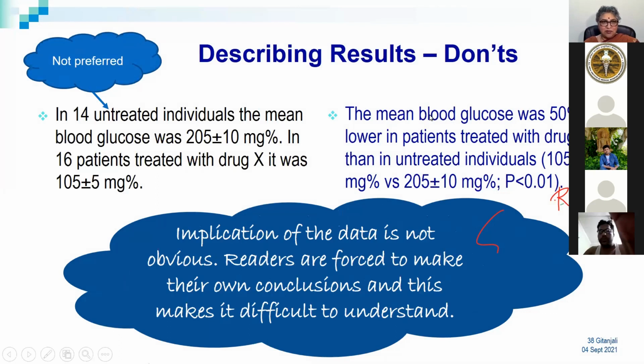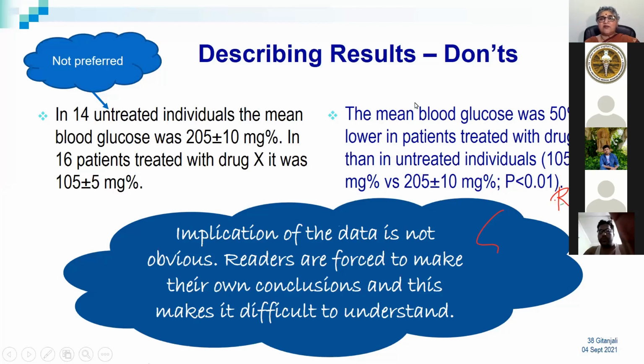The mean blood glucose was 50% lower in patients treated with drug X than in untreated individuals. This much versus this much, P is this much. So this is a better way of writing the same results. Both are the same, but the first is not preferred. Why? Because the implication of the data is not clear. So the readers have to make their own conclusions.